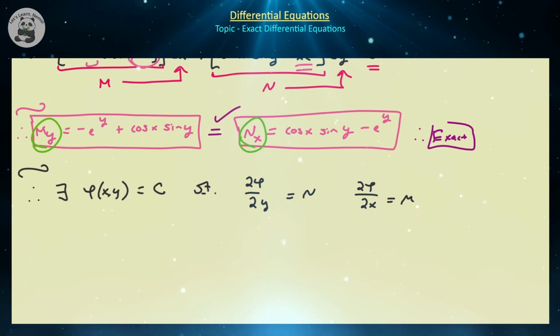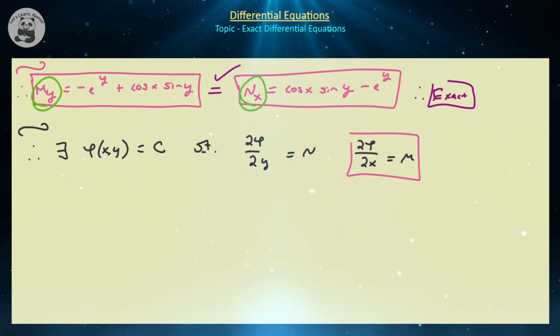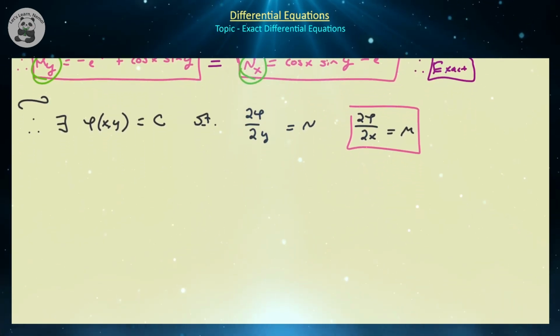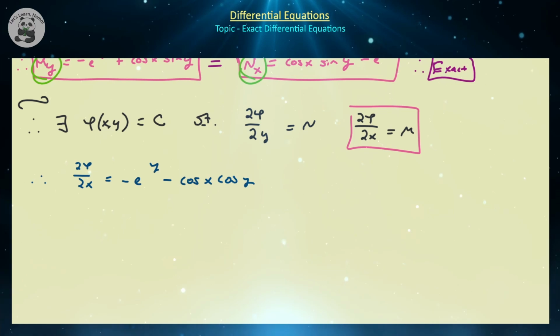So again, it doesn't really matter which function you focus on, but I'm going to focus on the partial derivative of phi with respect to x is equal to M again. Okay, so if that is the case, that means the partial derivative of phi with respect to x is equal to our M. So our M was minus e to the y minus cosine x cosine y.